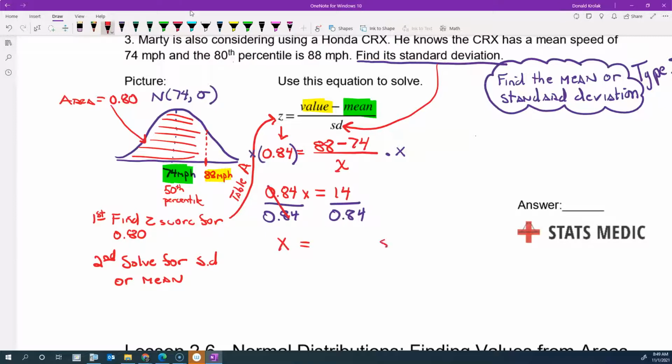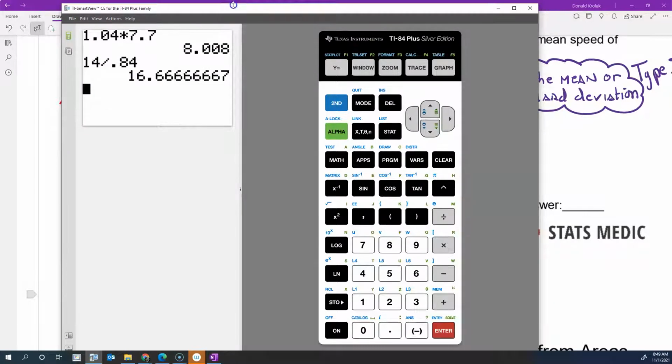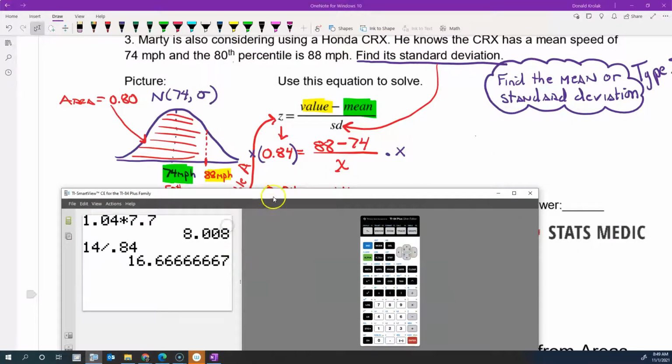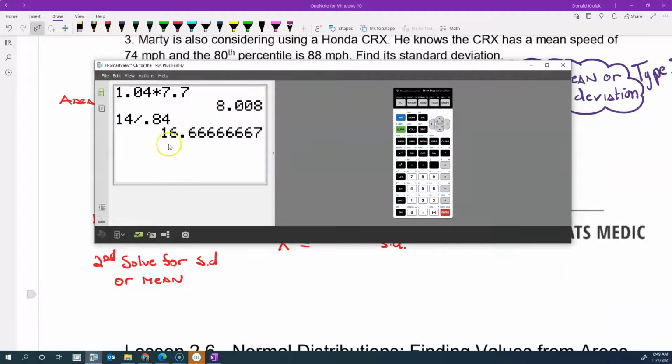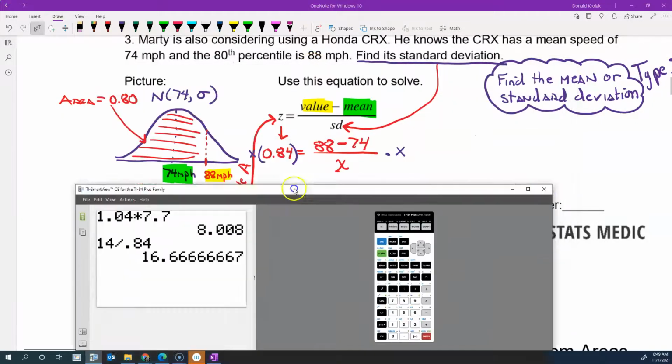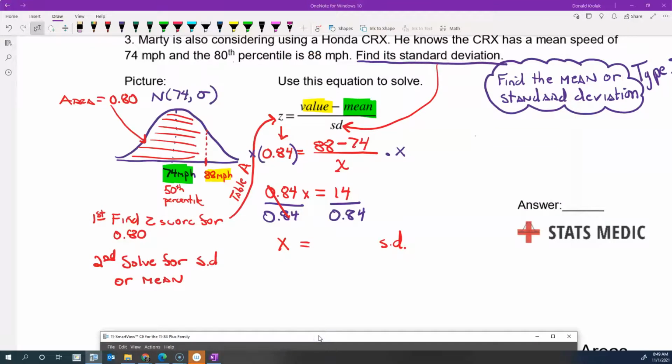And this is going to be our standard deviation. So let's see, 14 divided by 0.84. So I already got it up there. It's 16.66 repeating. So 16.7 is the standard deviation.